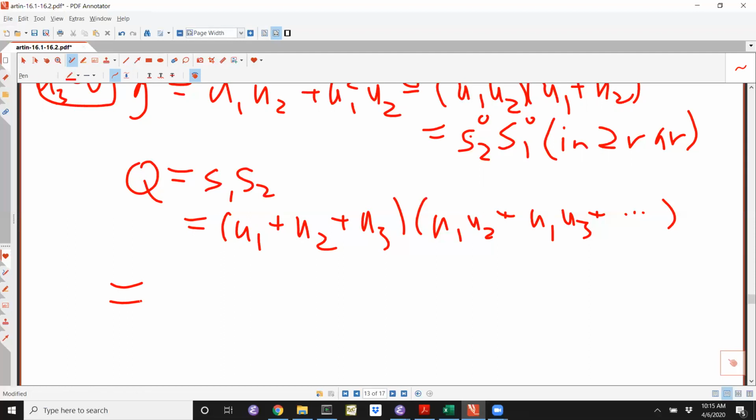Okay, so there's a bunch of UI UJ squared terms. And that happens when each of these U1s hits something that already has a 1 in it. And how many of those?